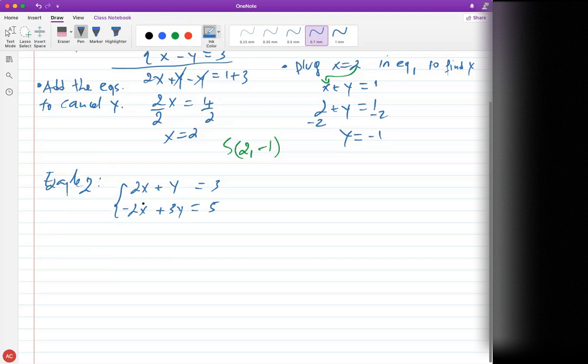So we want to solve this system, so we need to have one of the variables eliminated.